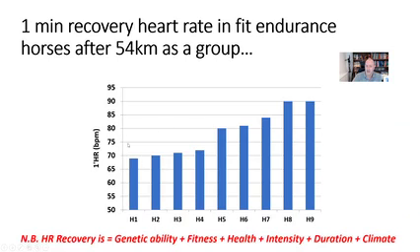This doesn't mean these are better horses. It could be that these are the same ability but fitter, or if they were all as fit, we would say these were the higher ability horses. But again, it's slightly complicated because the recovery heart rate is a combination of genetic ability, fitness, health, intensity, duration, climate.